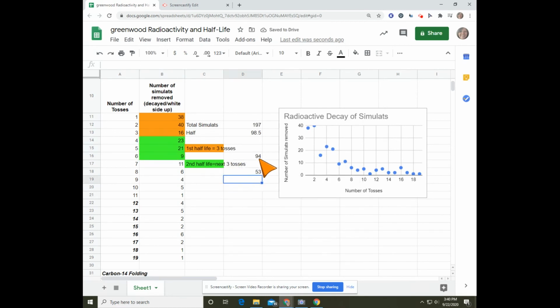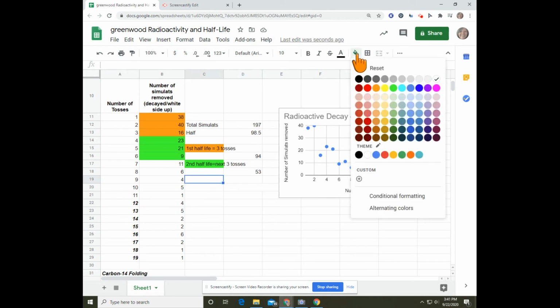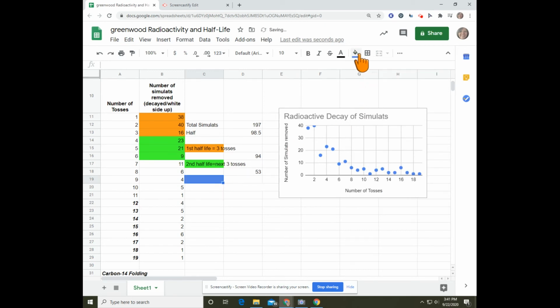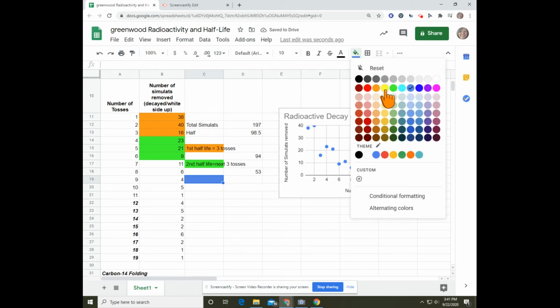53. Now notice here, 3 tosses was about half. The next 3 tosses was about half again. All right. So hopefully we can start to put this together, and let's look at the next 3 tosses, and we'll make this, color might be hard to see through. Let's make it yellow.